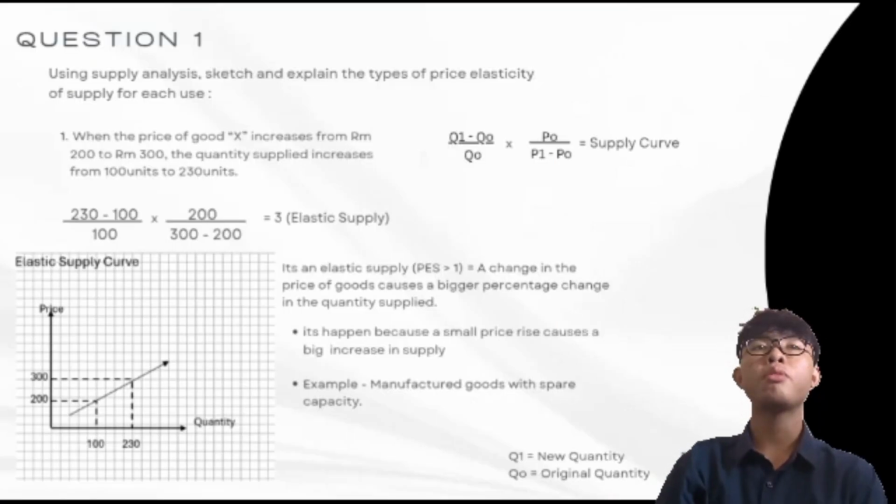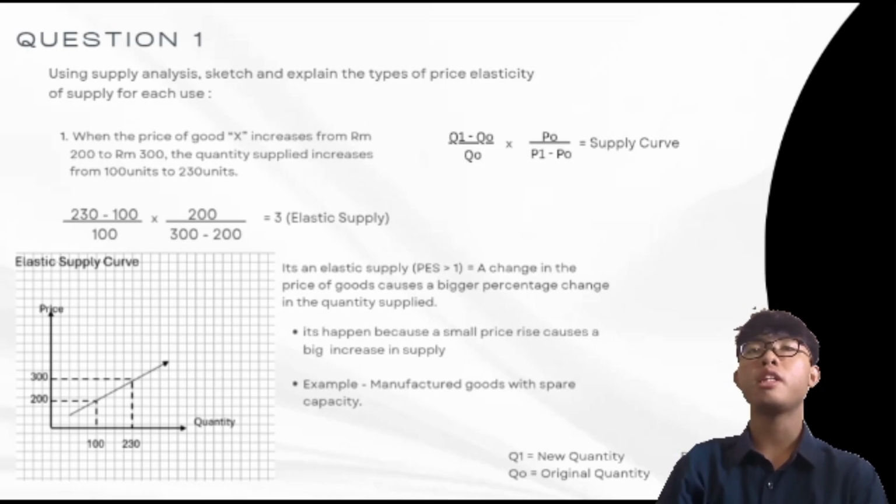So for question 1, Roman, when the price of good X increases from RM200 to RM300, the quantity supplied increases from 100 units to 230 units. So using the base formula, which is Q1 minus Q0 divided by Q0, times P0 divided by P1 minus P0, we will get the supply elasticity.